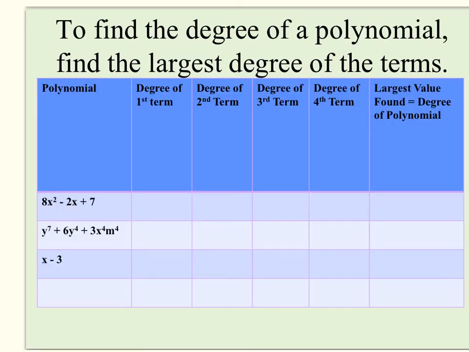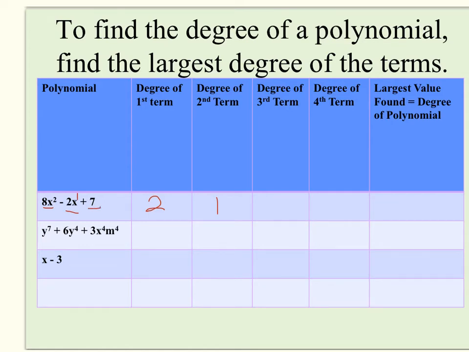Take a look at this first polynomial, 8x squared minus 2x plus 7. List the degree of each individual term. So first let's look at the degree of the 8x squared. 8x squared has a degree of 2. 2x has a degree of 1. Remember, if there's nothing there, it's a 1.